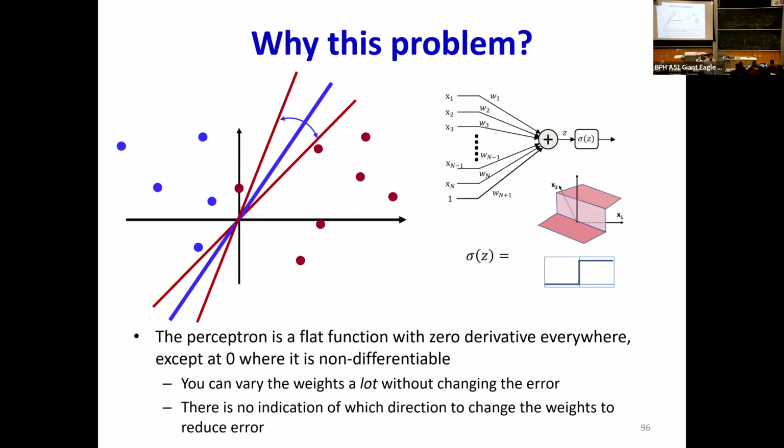So little wiggles of my parameters will not result in any change of the error. And that's why we really can't optimize things using incremental steps. There's no indication of whether I should rotate the weight in this direction or this direction, because a little bit of rotation this way or this way doesn't really change the error.